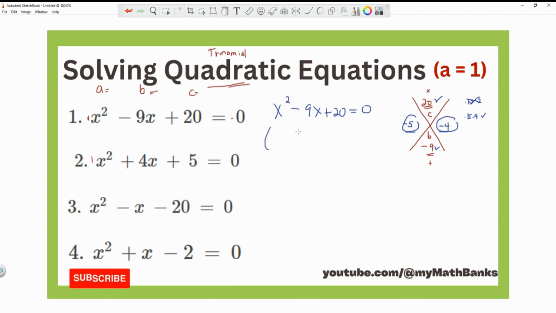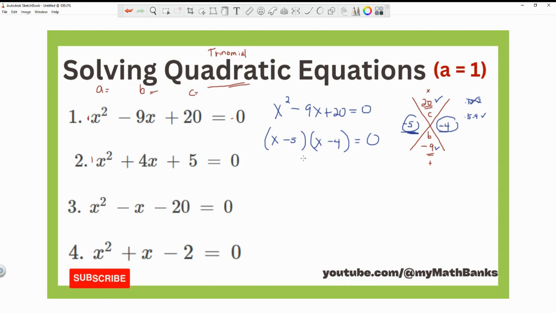We will prepare two parentheses for the factors, okay? Each one of these will have x because your variable is x. Now there goes a number with that x, and these numbers are the ones right here, including the sign. So therefore, the first one is x minus 5, and the second one is x minus 4, equals 0.